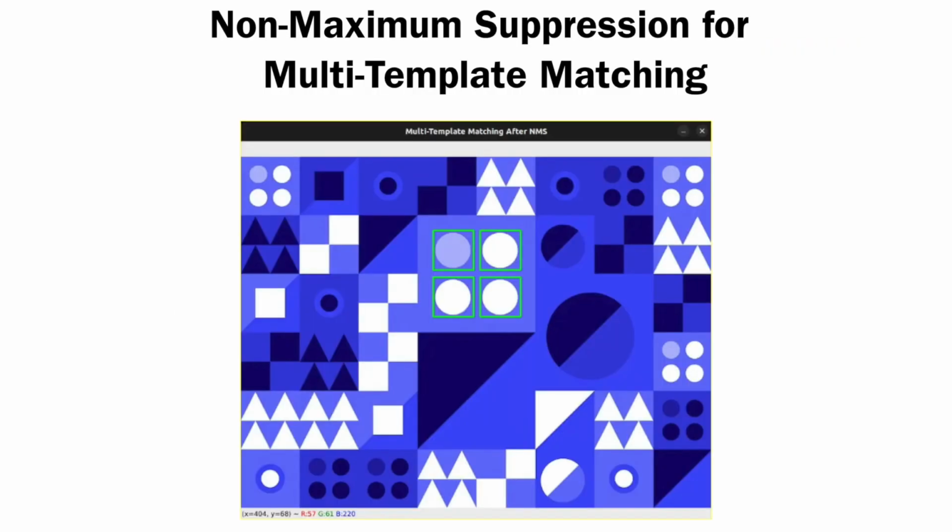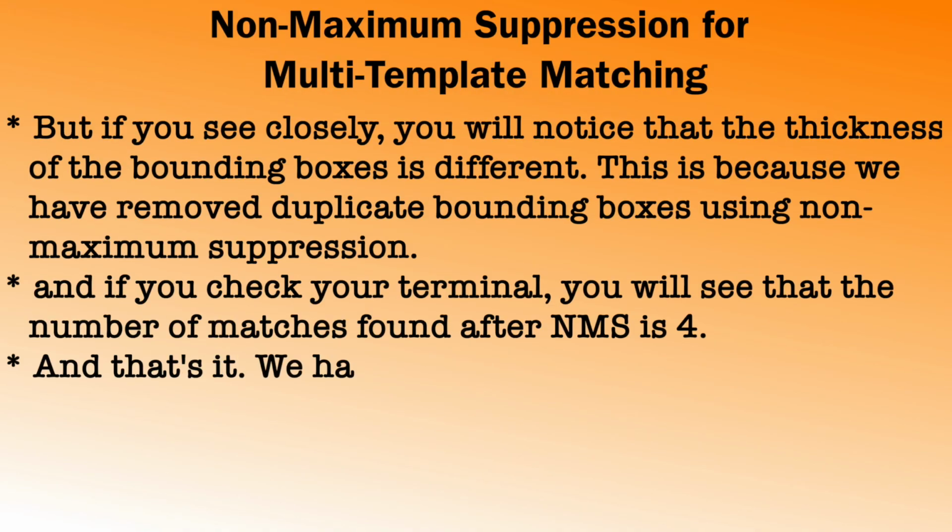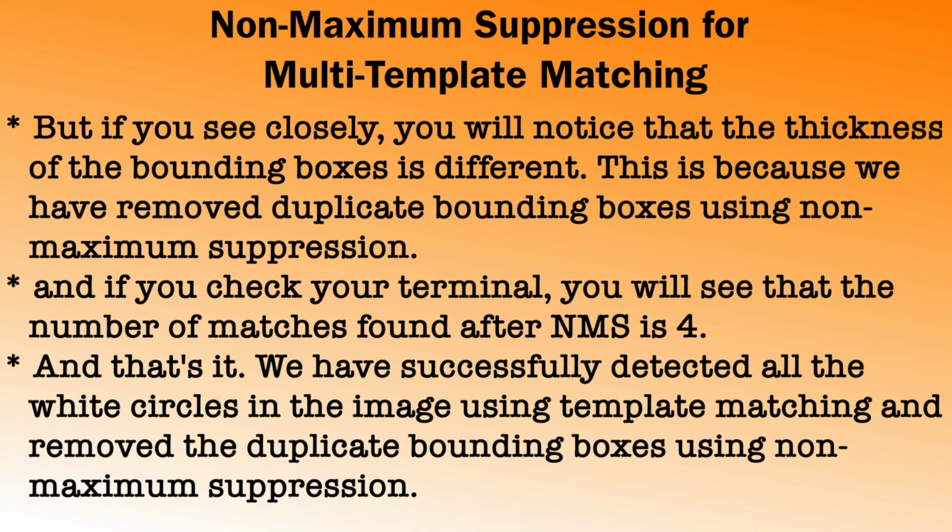Now, we can see that if we use the template for the small white circles, it can detect only the small white circles from the input image. But if you look closely, you will notice that the thickness of the bounding boxes is different. This is because we have removed duplicate bounding boxes using non-maximum suppression.